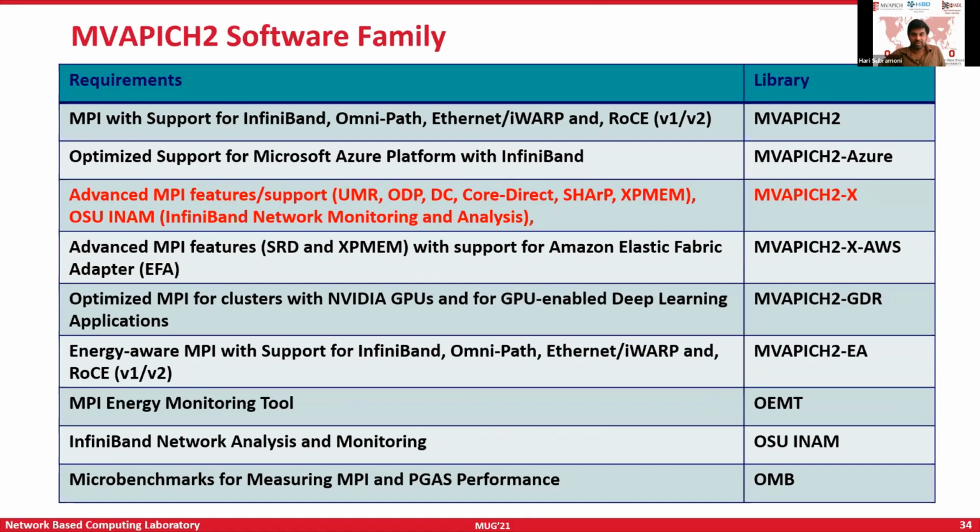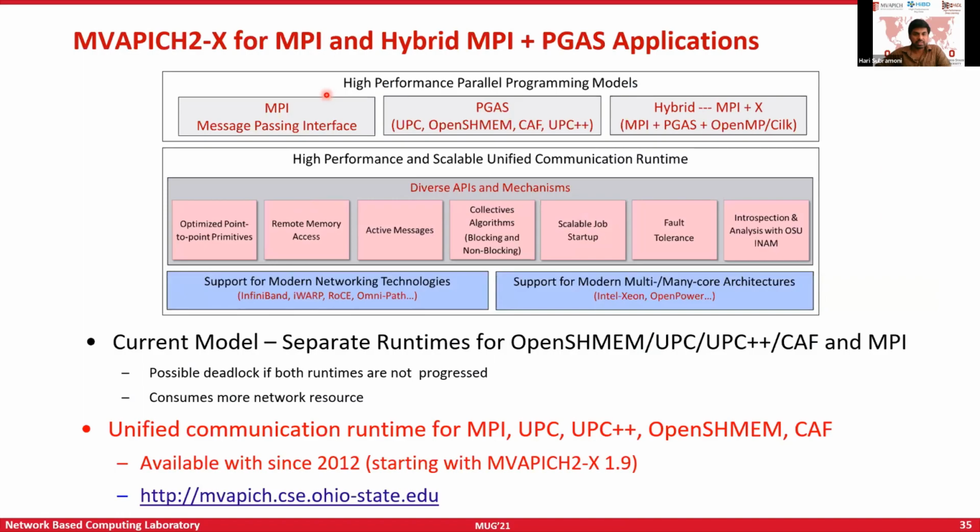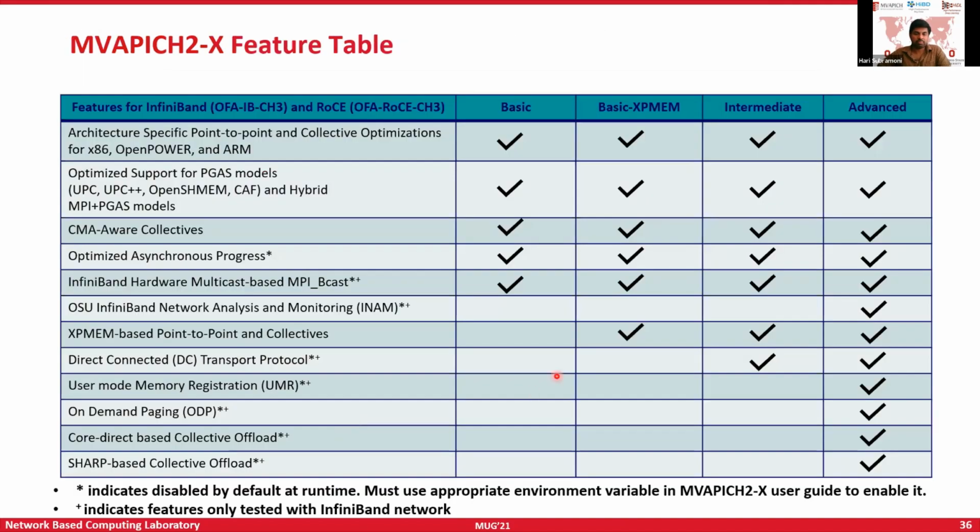Okay. So assuming that all of you guys are still with me, let me go on to the next section, which is talking about MVAPICH2-X. MVAPICH2-X has support for a lot of newer capabilities, as well as stuff like the PGAS models like UPC, UPC++, OpenSHMEM.